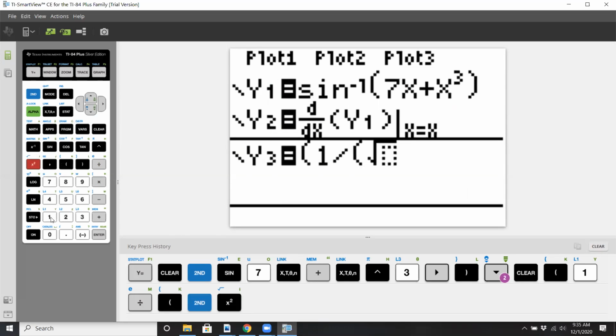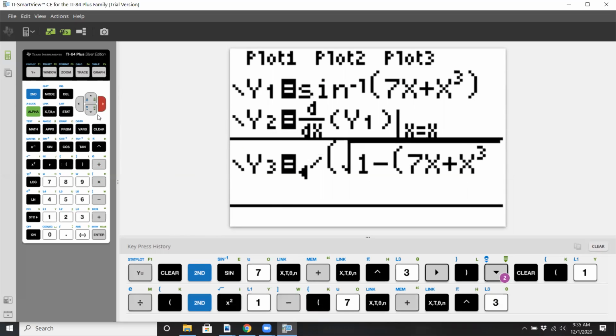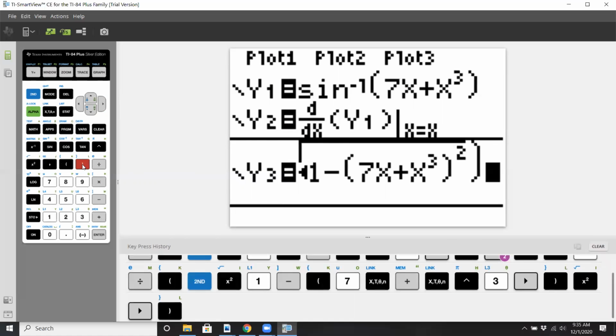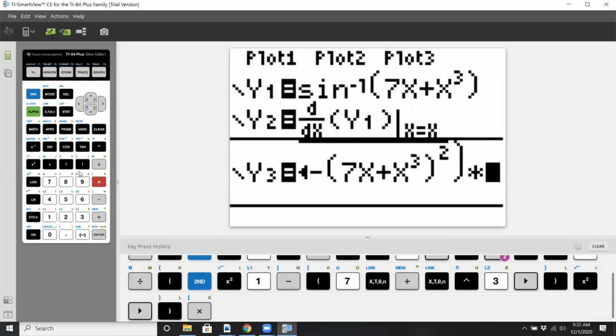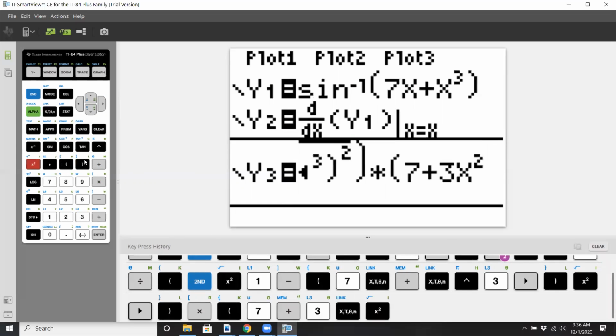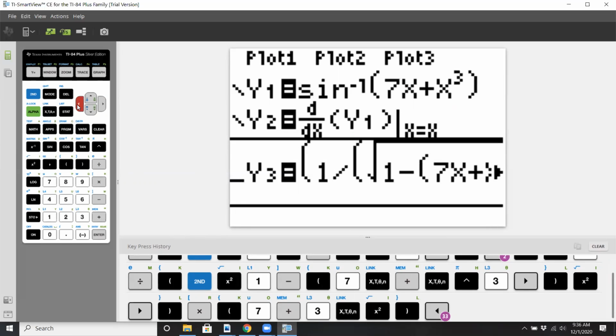It's going to be really kind of nasty, right? 1 minus, remember I kept the inside intact, 7x plus x cubed, squared, and my parentheses, and then that was times 7 plus 3x squared. Make sure I did all that correctly. Yeah, all looks good to me.